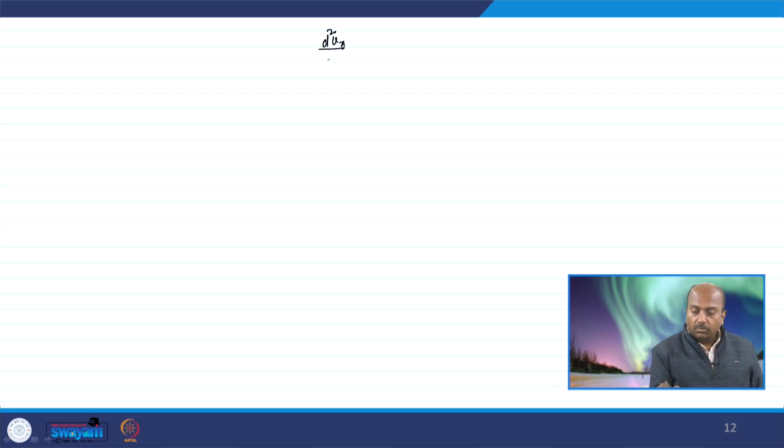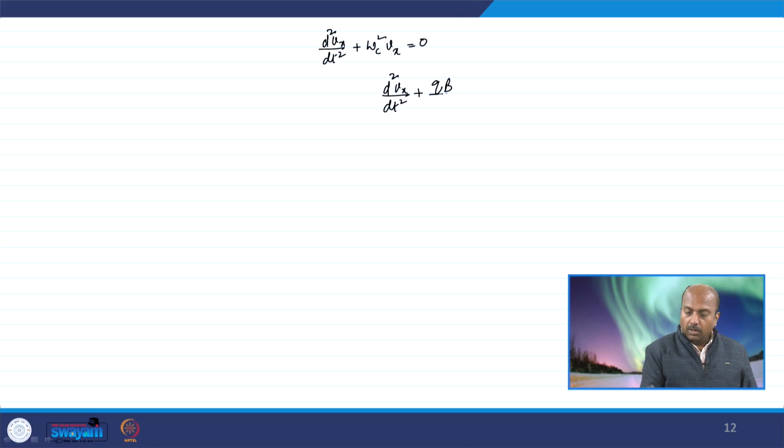d²Vx by dt² plus omega c squared Vx is equal to 0. Similarly for Vy, and Vz will be a linear motion because the magnetic field will not act along the parallel component, right? So if I write the equation which appears before this, d²Vx by dt² plus (qB by m) whole squared Vx is equal to 0.